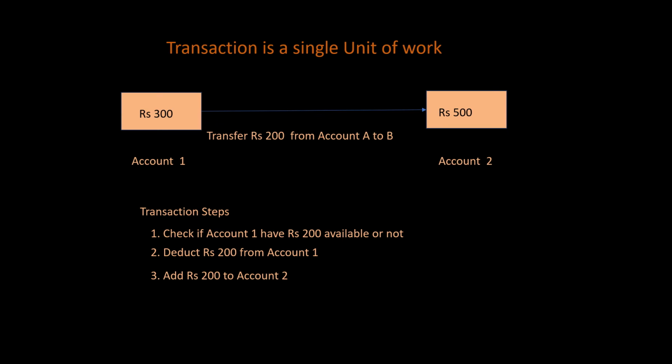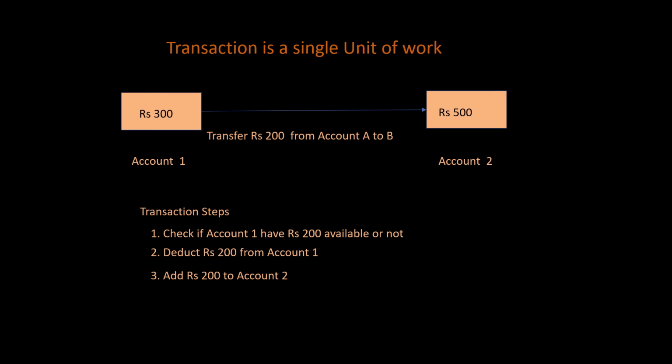But if any of the steps, for example step two, has failed because of any technical issue or some other issue, then we have to revert the whole transaction. For any transaction, a single unit of work should be completed in totality or not be done at all.